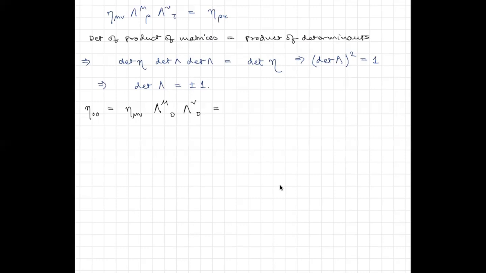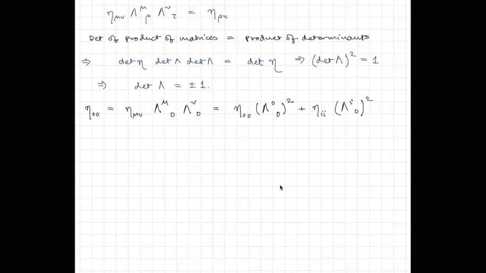So let's split this up. There's a sum over mu and nu, and the only things having diagonal entries. So this is going to be eta 0, 0 lambda 0, 0 squared plus eta I I into lambda I 0 squared, right? So eta 0, 0 is going to be 1, eta I I is going to be -1.